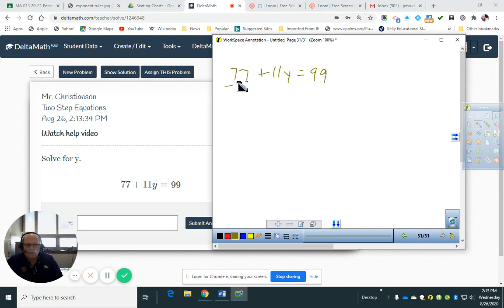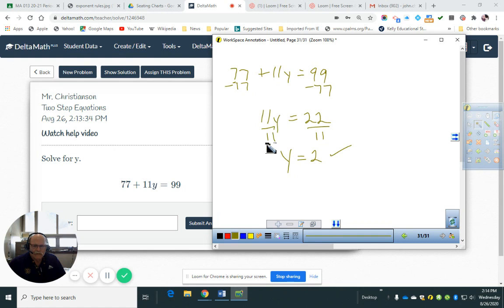And so we're going to subtract 77 from each side. Subtract 77. We get 11y equals 22, right? See that? And so divide by 11 on each side. And so we get y equals 2. Okay, and then take that, plug it back in, check it out, make sure it works. This one does. Okay. And so that's it.